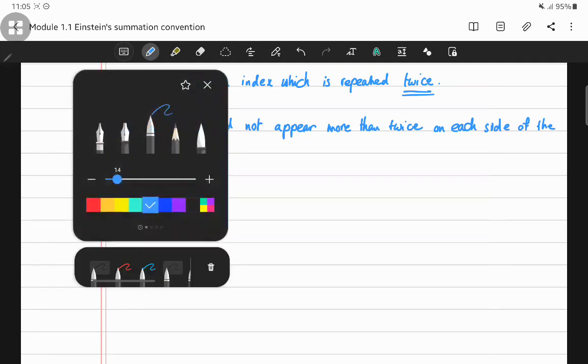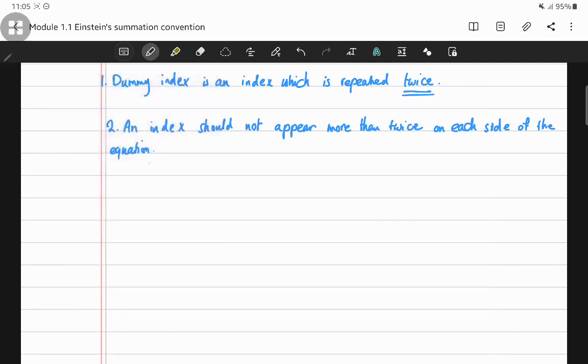Okay, so here, what does this expression mean? It means that if you have something like alpha equal to a_i x_i y_i, you don't have something like this. This is completely incorrect. You can't assume something like this. At maximum, you have two repeated indices.